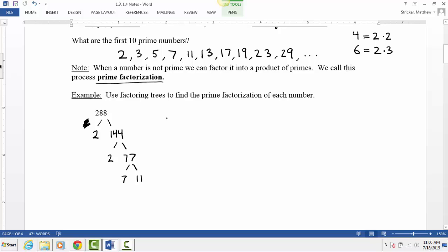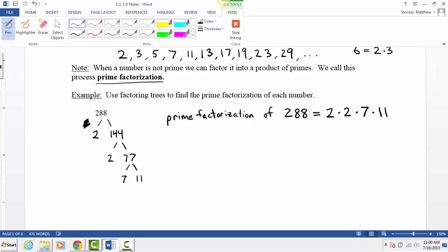So the prime factorization of 288 is 2 times 2 times 7 times 11.